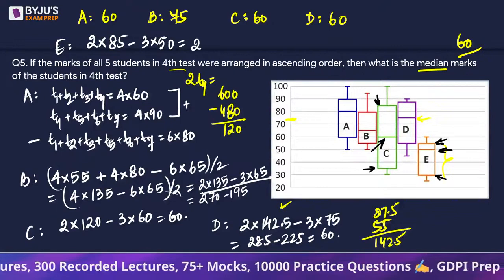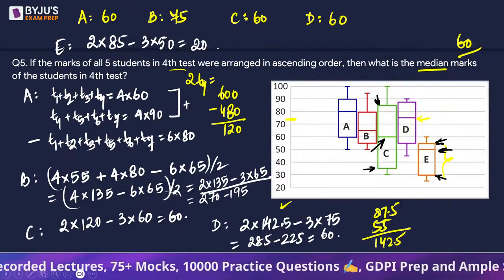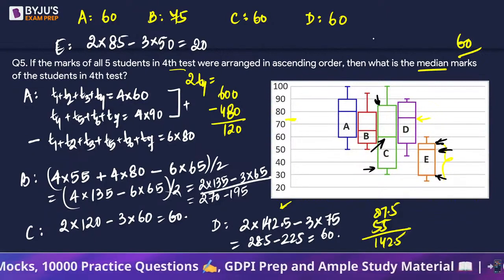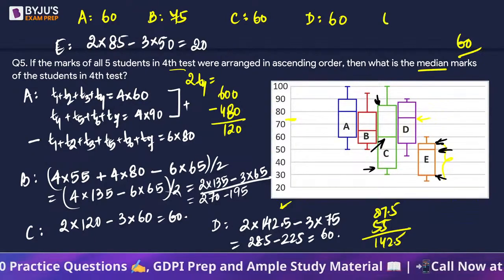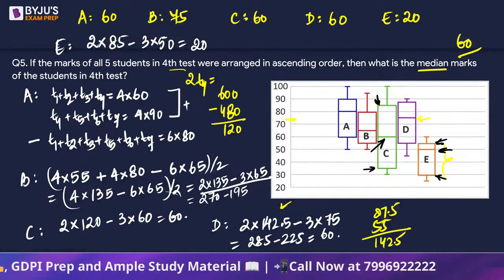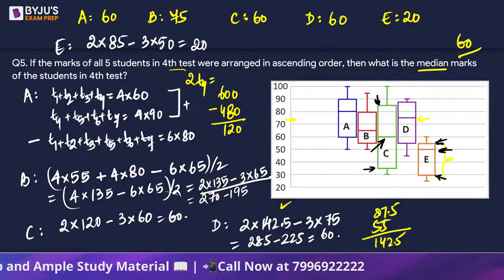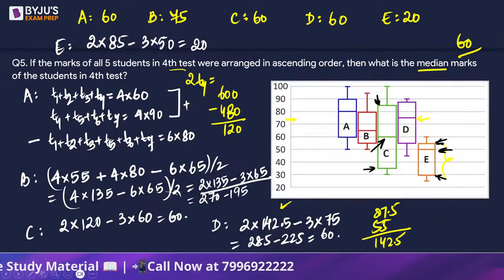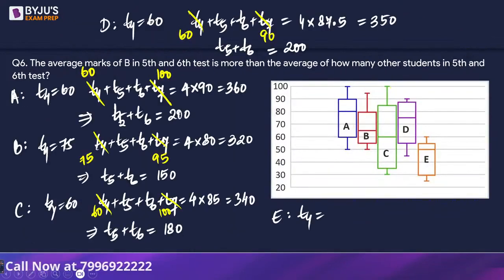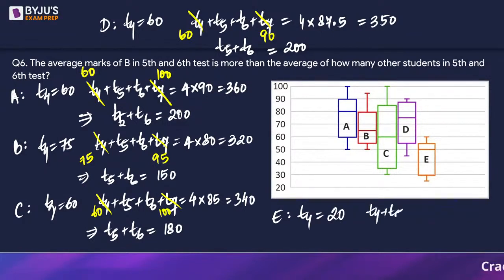Not 20. Acha, no, 20. 170 minus 150 is 20. So for E, the fourth subject marks was simply 20, which is fine. Still, this is little dubious. But कोई नहीं, जो आया है, let's proceed with that.